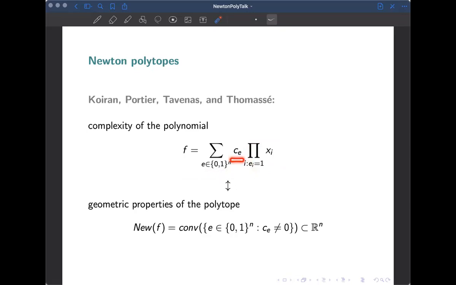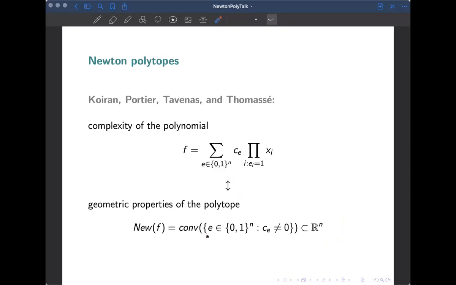This is the coefficient of a single monomial, C of E. And the goal we want to understand is what is the minimum number of operations that are needed to compute F. So this is the algebraic complexity side. On the geometric side, there is a standard way to associate a polytope with a polynomial.